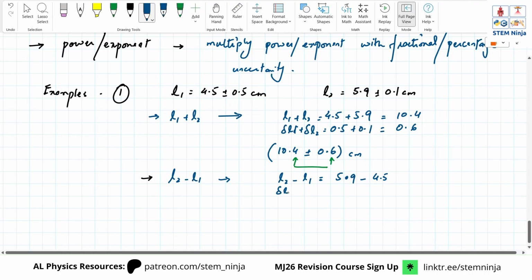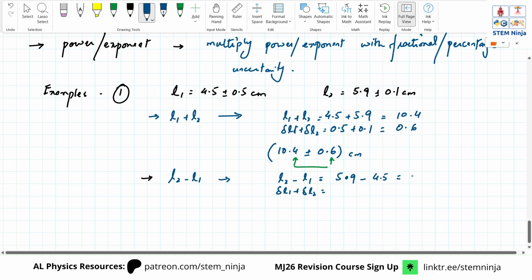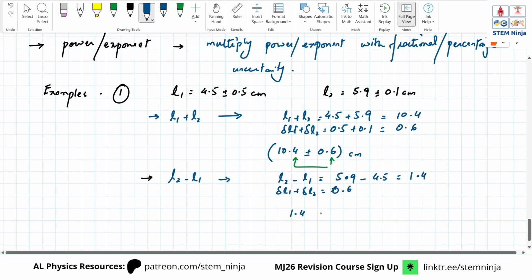But for the absolute uncertainty, we would add these two the same way. So this would end up being 1.4, and this one would remain 0.6. So final value would be 1.4 plus minus 0.6 centimeter.